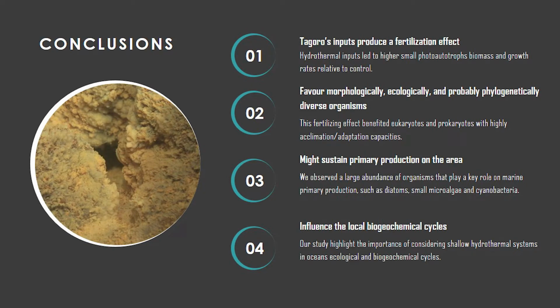And now to conclude, Tagoro's inputs produce a fertilization effect, favoring morphologically, ecologically, and probably phylogenetically diverse organisms. Tagoro may sustain primary production in the area and also influence the local biogeochemical cycles.